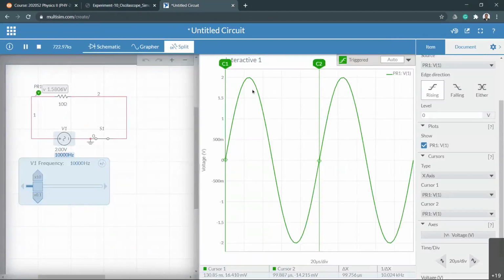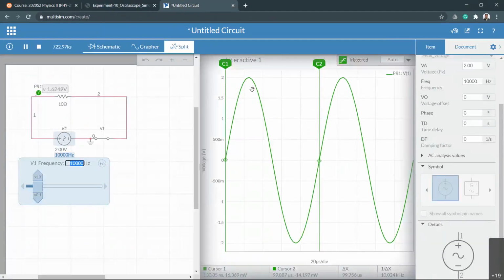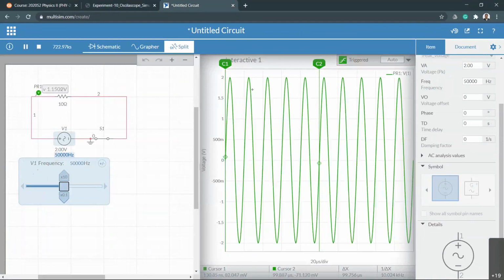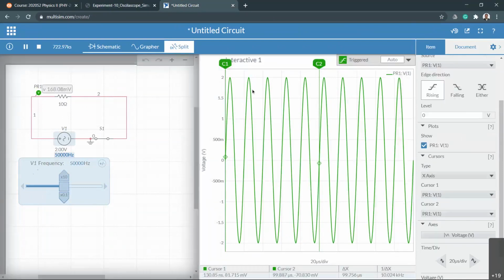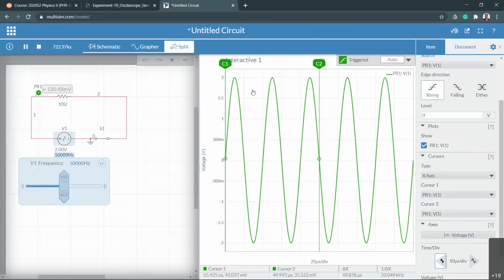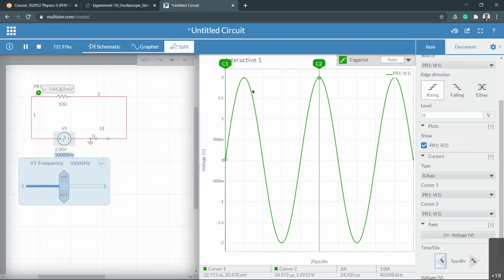Let's change this to 50,000, hit enter, and then change the x-axis scale until you see a very nice visible, full wave, and then change cursor number 2 all the way to the end point of the one wave. The whole wave should go to the positive side, come back to 0, go to the negative side, come back to 0. That's the complete wave, one period of oscillation, right?